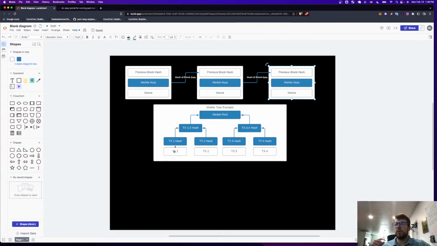So when I send my transaction 1 in, the node takes that transaction and effectively recreates the Merkle root of that block using the transaction hashes that it may or may not have received from me or from another node. It doesn't necessarily matter. Well, I guess it does matter where they get it from.